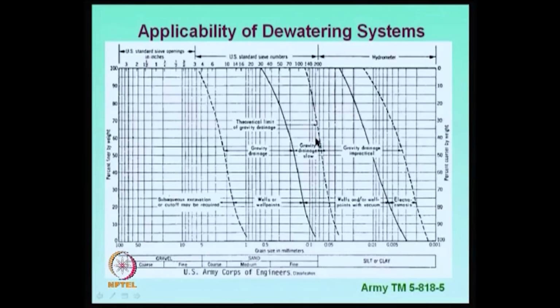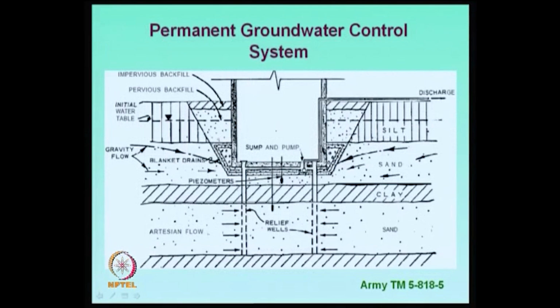By gravity and by the other force, the water will collect at one point, and then one can remove the water. So this is an important thing, because one should understand what type of soils are suitable for drainage and what type of drainage one can have. So for example, in clays you cannot have gravity drainage.